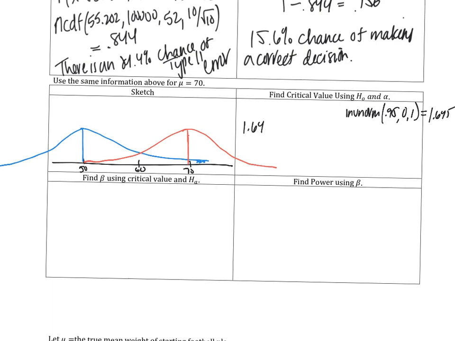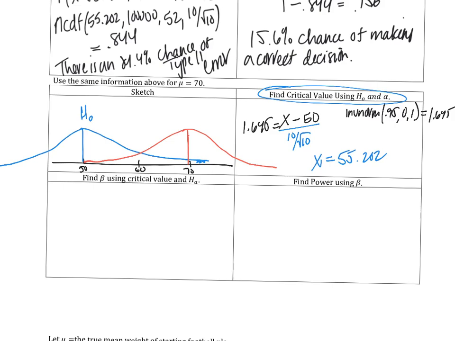So 1.645 equals x minus mu, where mu is 50, because we're dealing with that blue curve, right? We're using the null curve, over 10 divided by the square root of 10. And you should get that x equals 55.202. Same situation as before.